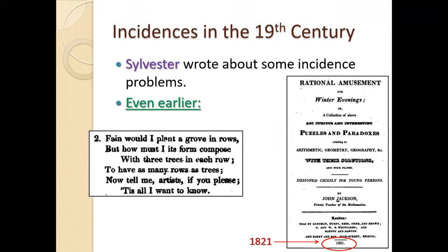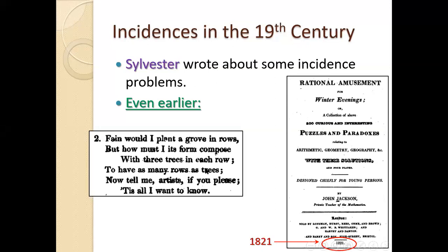Now tell me, artists, if you please, 'tis all I want to know. What is this? Is this really a mathematical question? Anyone thinks they know what this might be talking about? Any guesses? Pretty unclear, right?